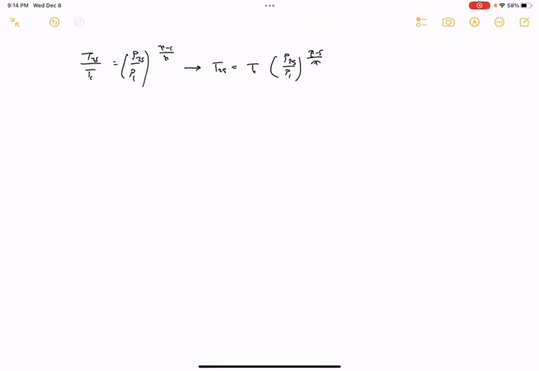So T1 was known as 27 degrees Celsius, but again, we always have to convert that in these types of cases to Kelvin. So plus 273 gives us 300 Kelvin. Now, P2s is just P2, because when you talk about a compressor, you design the compressor to work to bring something from pressure 1 to pressure 2.